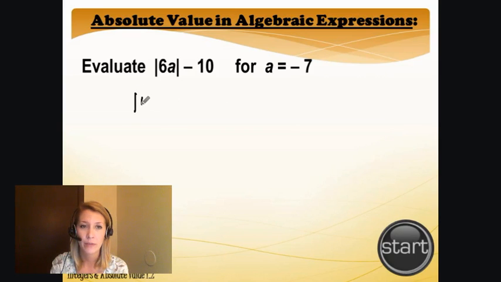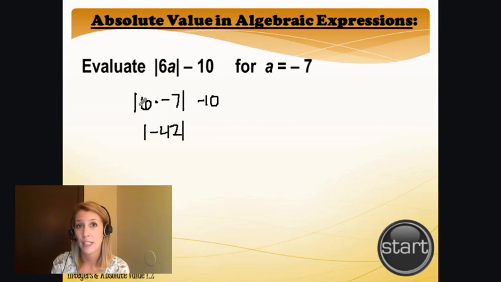So we're going to take the absolute value of 6 times -7 minus 10. 6 multiplied by -7 equals the absolute value of -42. The reason why that's negative is because we have a +6 and a -7. A positive and a negative integer, when they are multiplied together, equal a negative value. We're going to drop down the rest of the expression, -10.